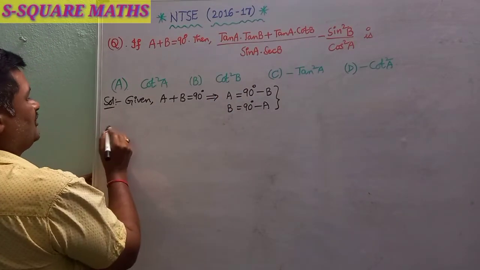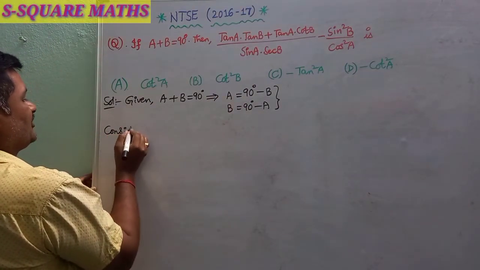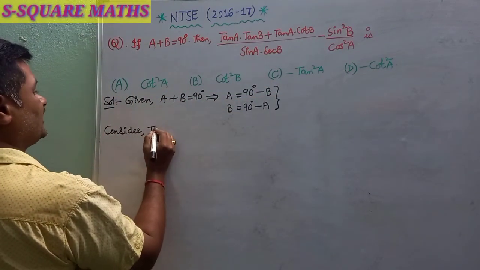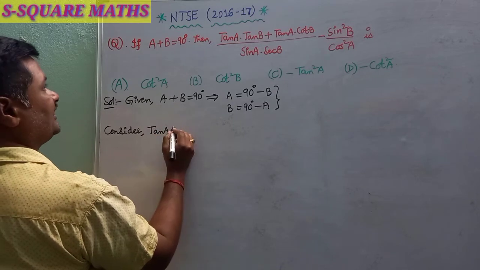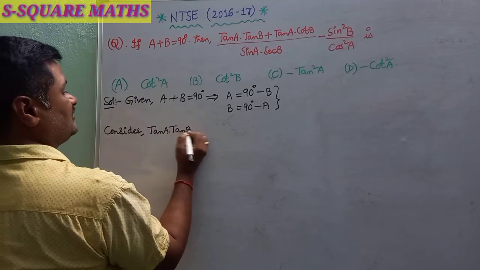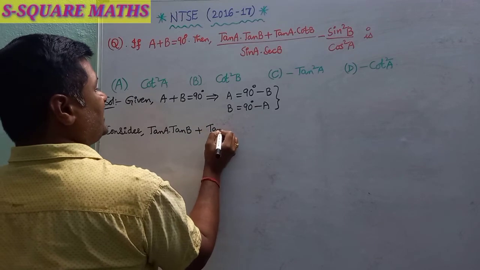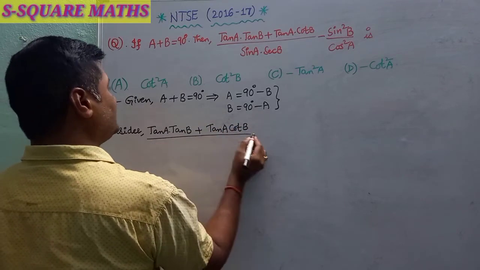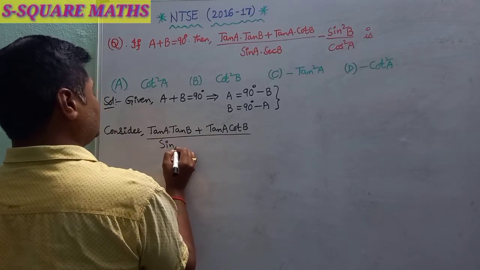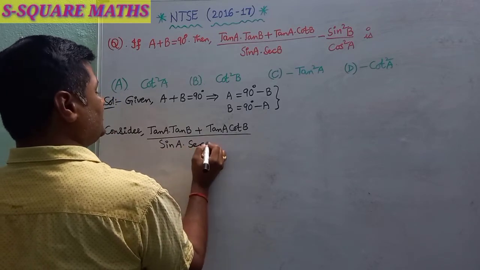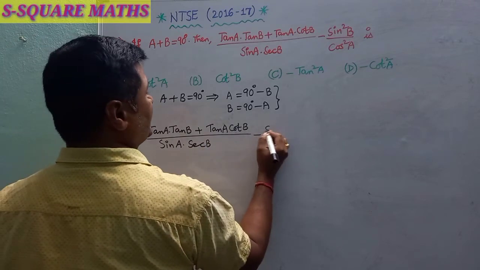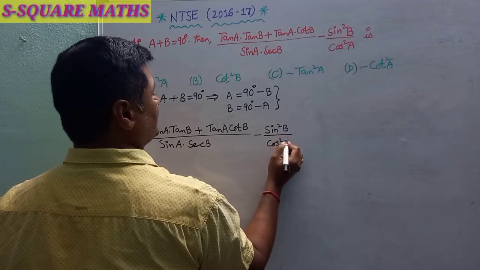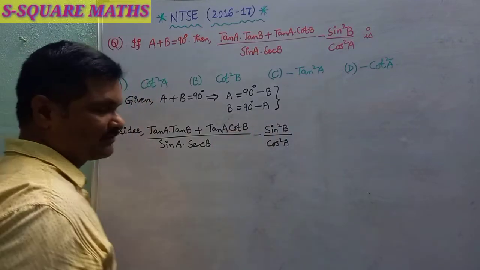So consider now our expression. What is our expression here? Write down the expression: tan A into tan B plus tan A into cot B by sin A into sec B, minus sin square B by cos square A. Okay.